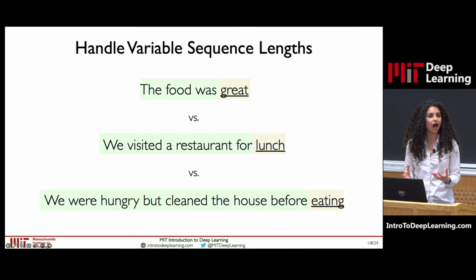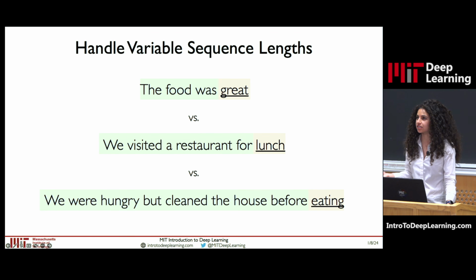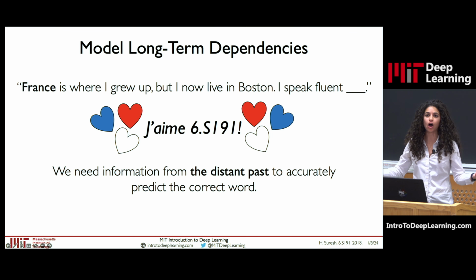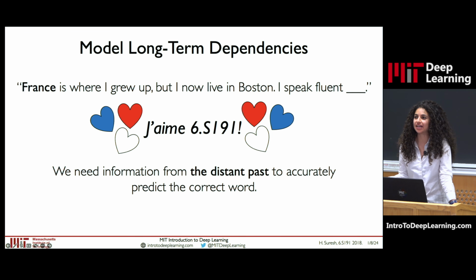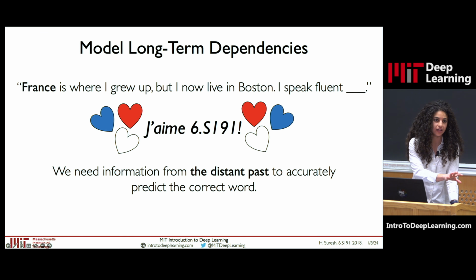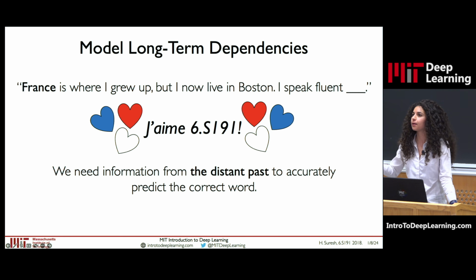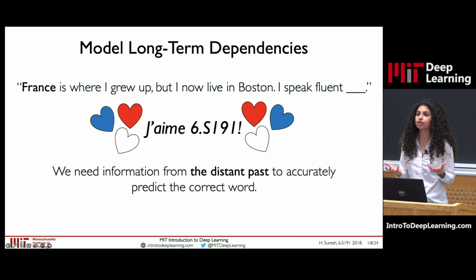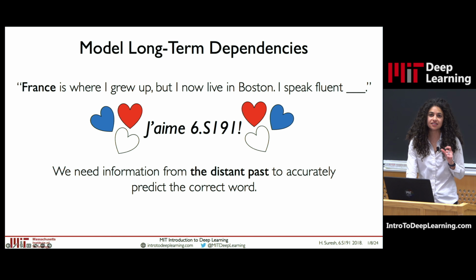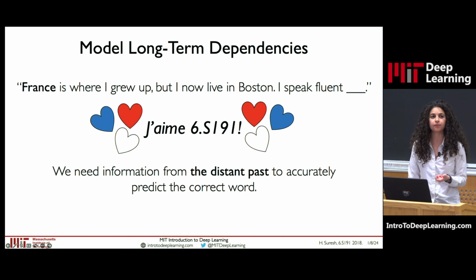The issue that comes with handling variable sequence lengths is that as your sequences get longer and longer, your network needs to have the ability to capture information from early on in the sequence and process it and incorporate it into the output maybe later on in the sequence. This is the idea of a long-term dependency, or the idea of memory in the network. And this is another very fundamental problem in sequence modeling that you'll encounter in practice.